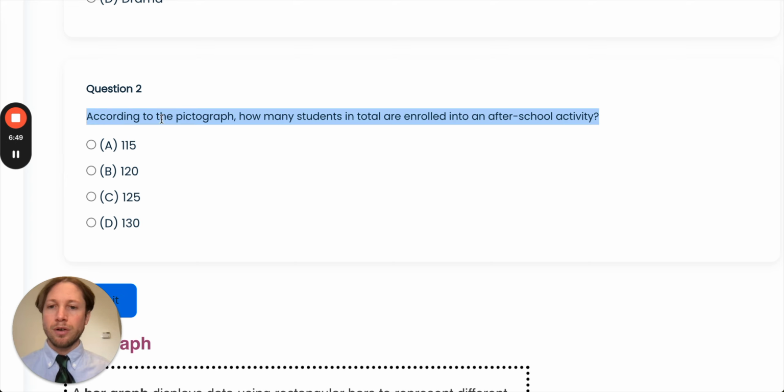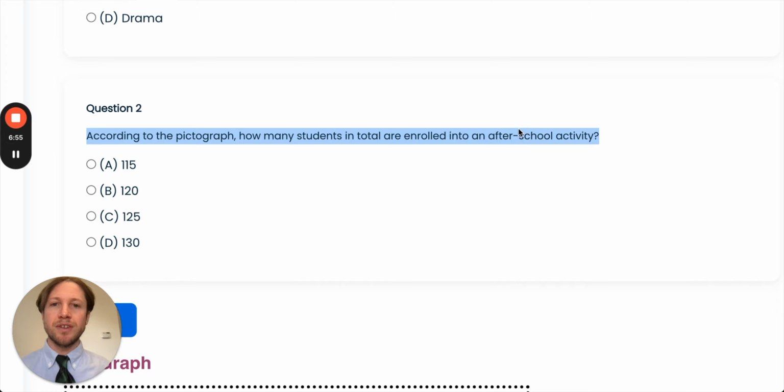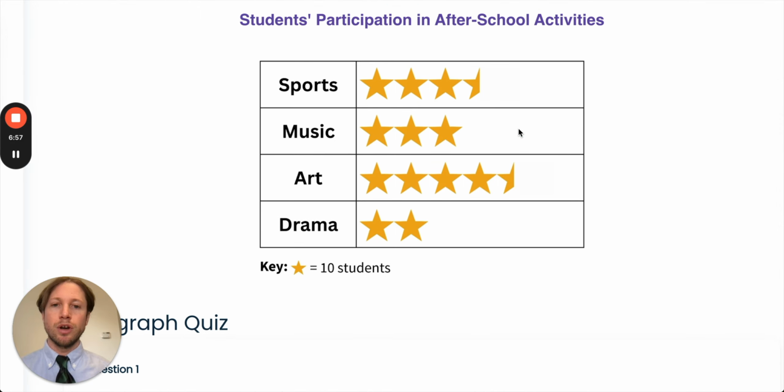According to the pictograph, how many students in total are enrolled into an after-school activity? That means we're going to have to find the sum of all of these different after-school activities. So what I'm going to first do is add up the whole numbers. Remember that 1 star equals 10 participants. So it looks like we have 3 here and 3 here, that's 6.